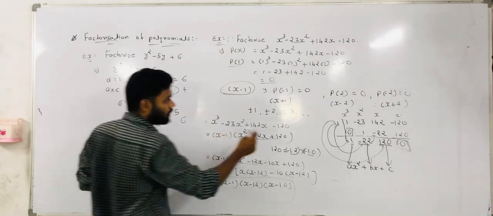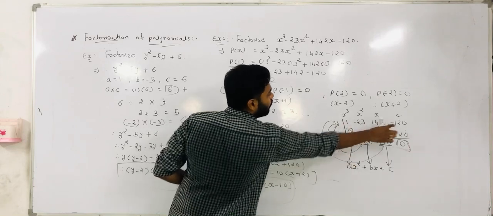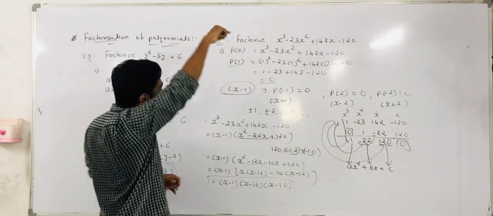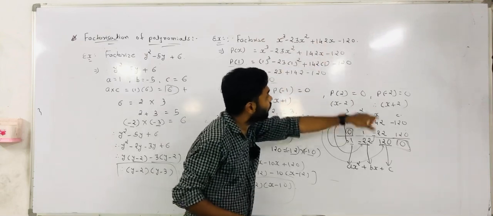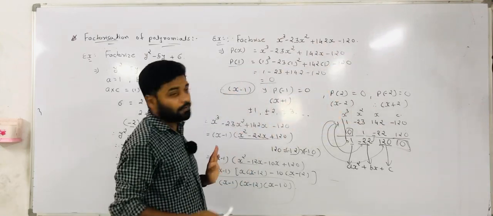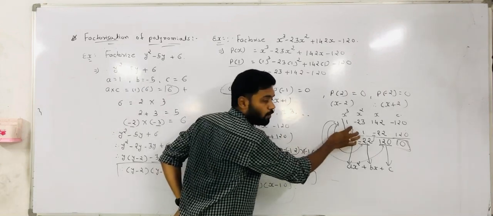Now make one table, write down all coefficients of your cubic polynomial. So 1, minus 23, 142, minus 120. Now put 0 over here.